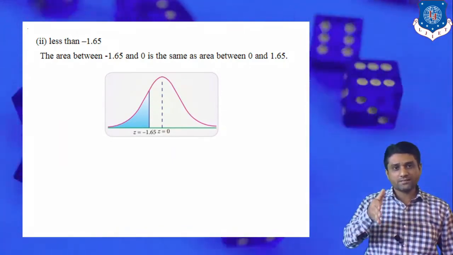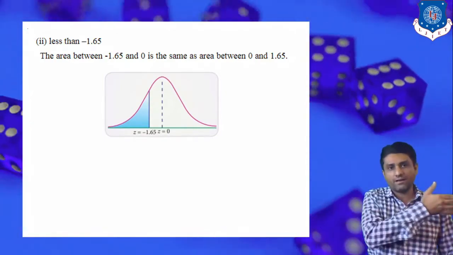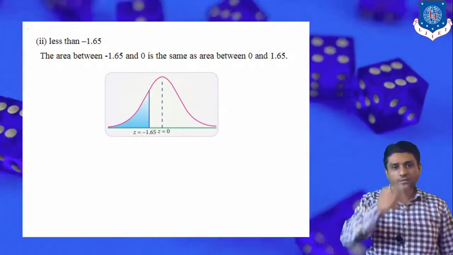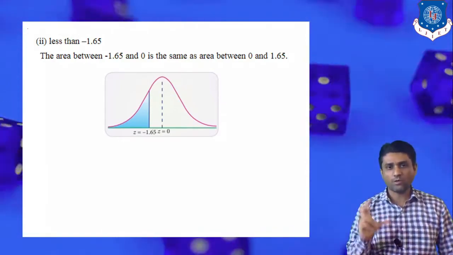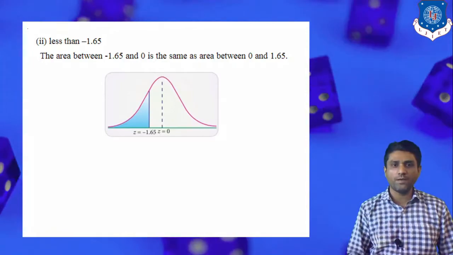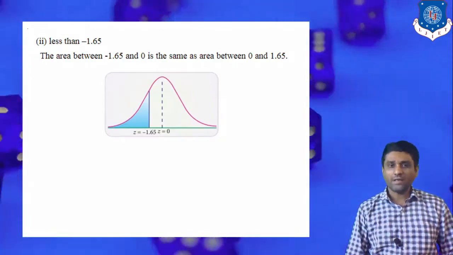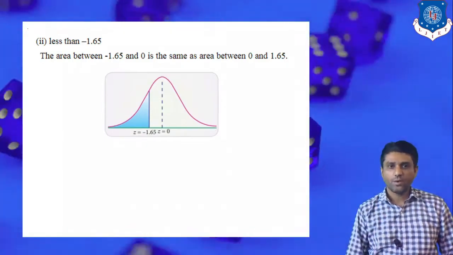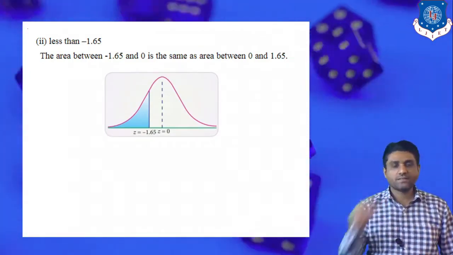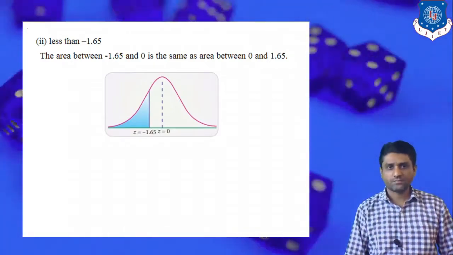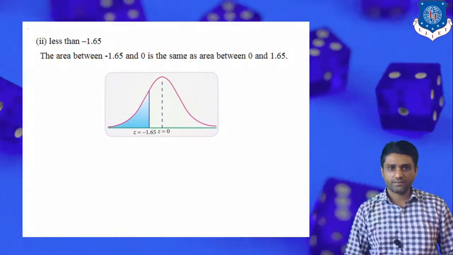So less than negative 1.65 is all this area, which is unbounded, and we highlight it with this shaded blue color. Our goal is to find the probability of that portion, that is, the area under the curve. Again we use the same strategy. We know that the area of this left hand side portion is 0.5. And now again I have to tell you one important thing.